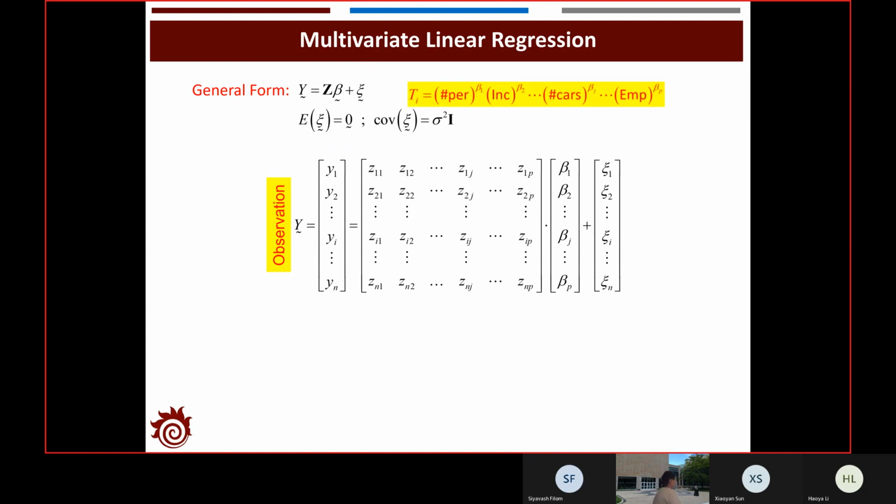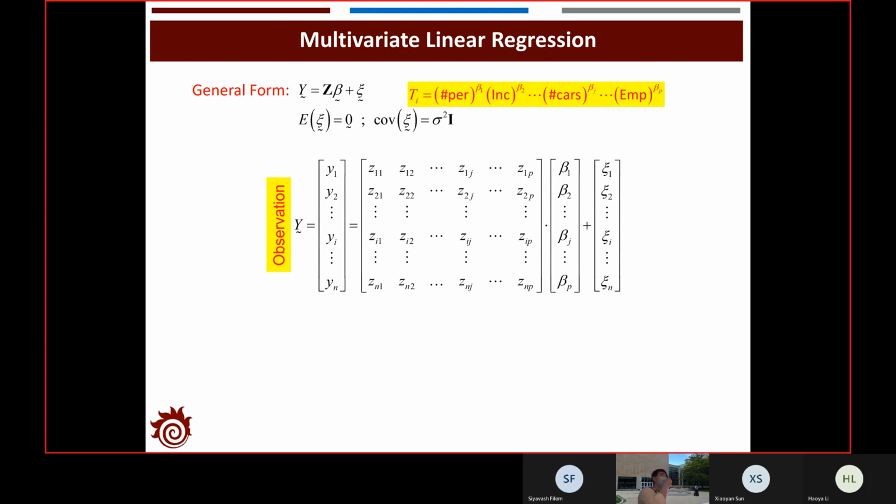And if we have another type of formula, a higher order equation, T equal to the number of persons to the power of beta 1, times income to the power of beta 2, and then the employment level to the power of beta p.